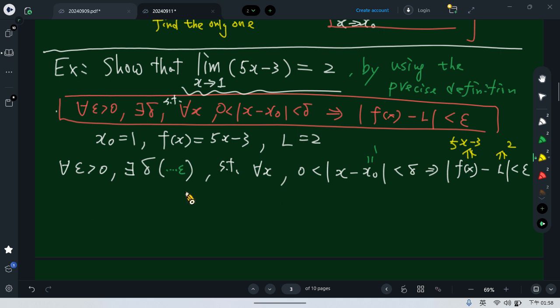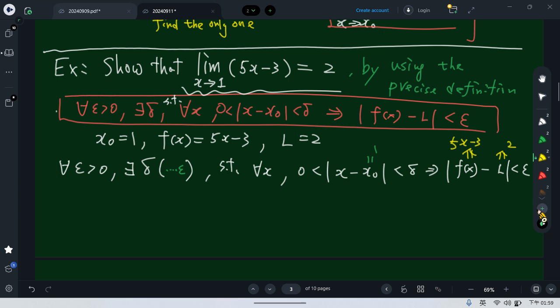So we expect this statement will hold, right? We hope this relationship could be no problem, so that we can say the limit as x goes to 1 of 5x minus 3 is 2. So I hope this statement can hold.